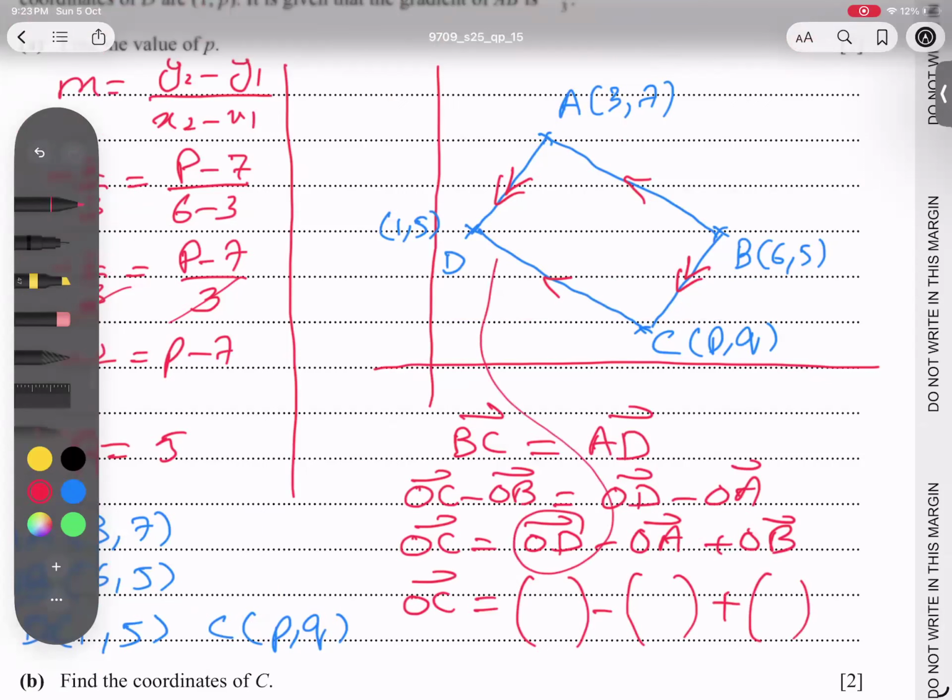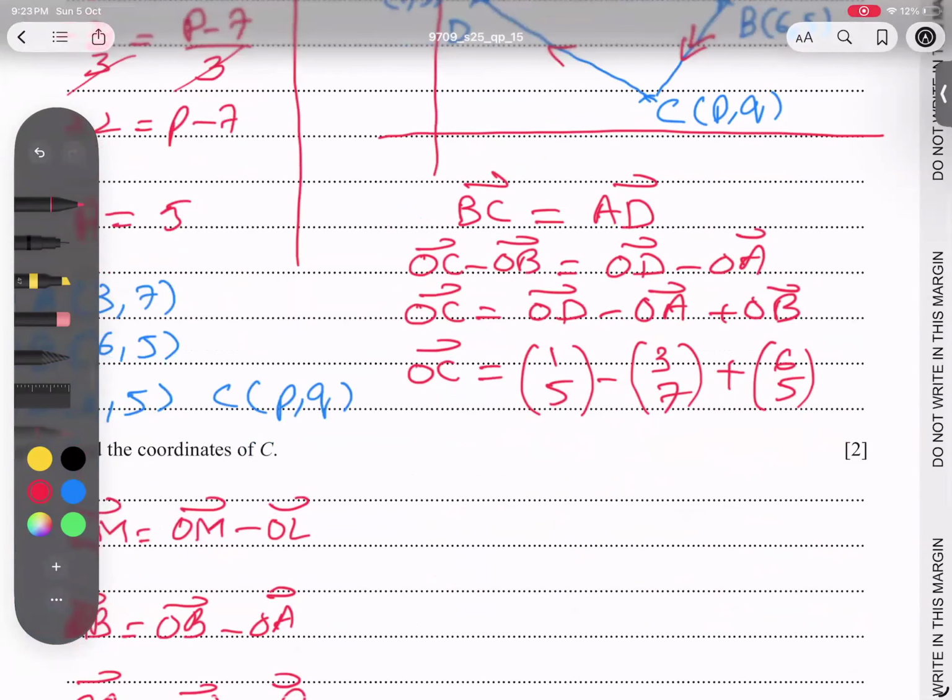OD, where is OD? This one: 1 up, 5 down. I mean, X value up and Y value down. OA is 3, 7. OB is 6, 5. And how to simplify? So 1 minus 3 and plus 6, or I can do 6 plus 1, 7, out of 7, 3 gone. I got a 4. Then 5 plus 5, 10, out of 10, 7 gone, I got a 3.